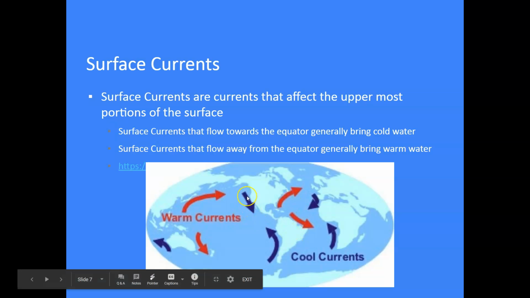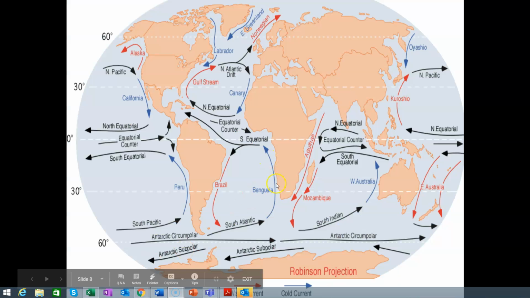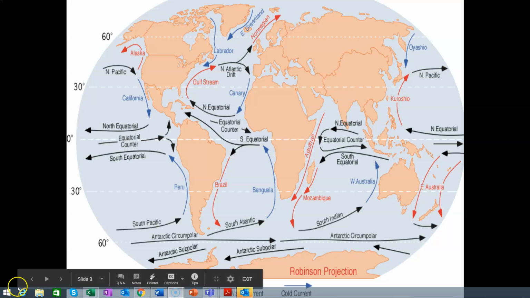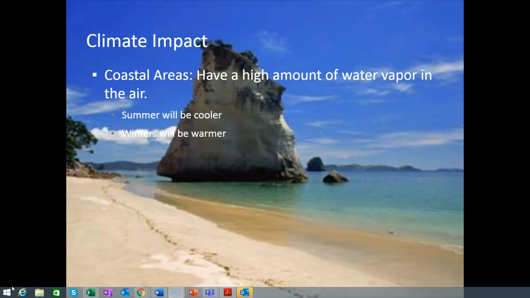So we're going to look at two areas when it comes to climate impact: coastal areas and inland areas. It says coastal areas have a high amount of water vapor in the air, and water vapor is just the gas form of water. Remember, water can be found in all three states: solid, liquid, and gas. In the coastal areas, summers will be cooler and winters will be warmer.